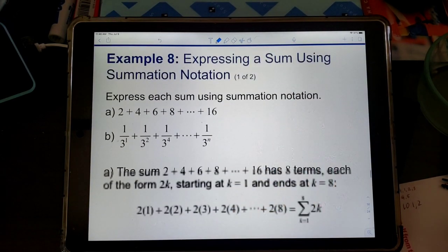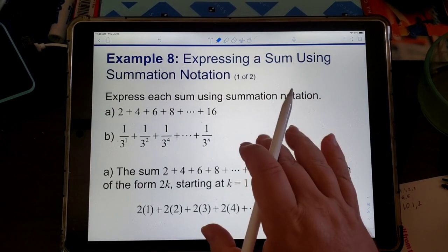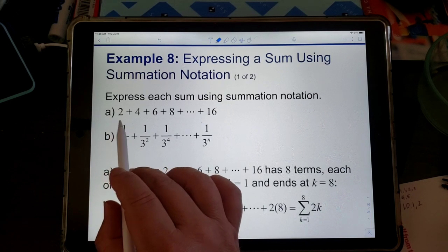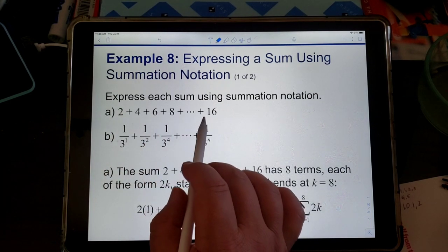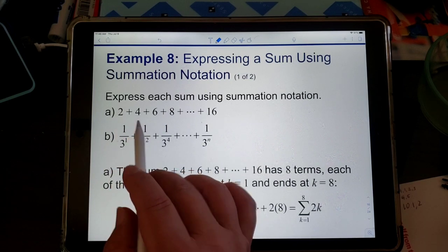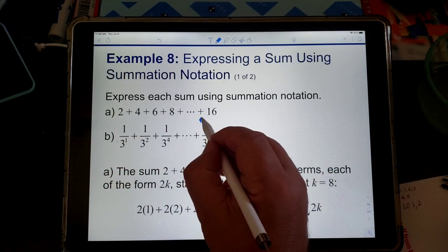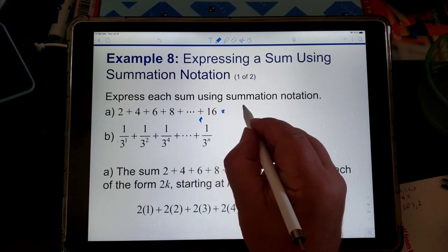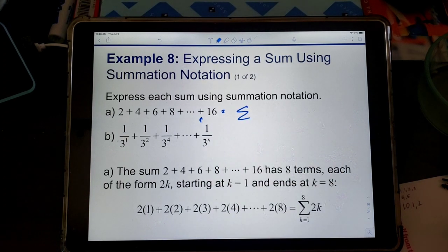All right, so here they're asking us to kind of repackage a list. So what do we have here? A couple of things we're going to need to figure out is, we're obviously adding, so it's going to be summation.